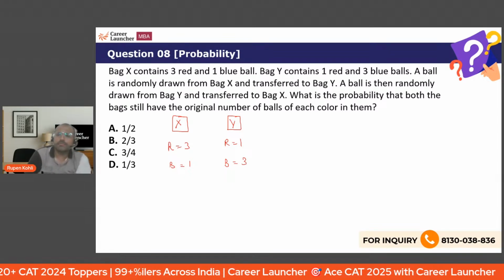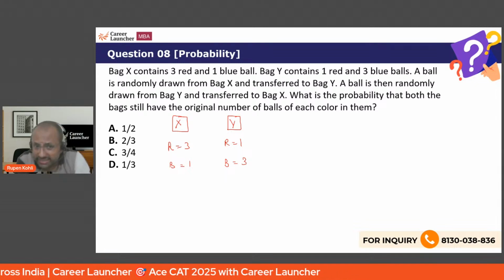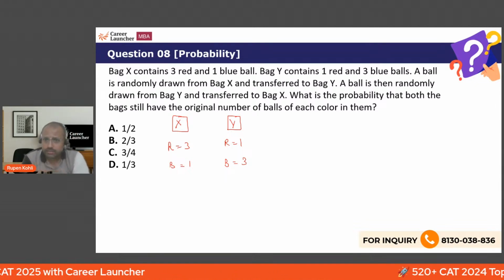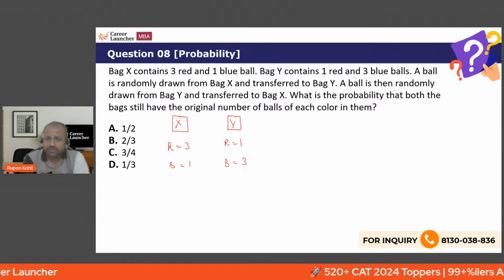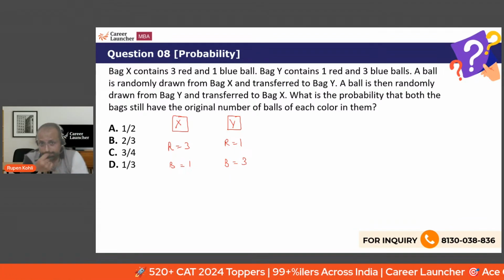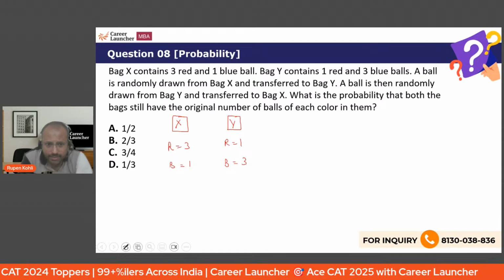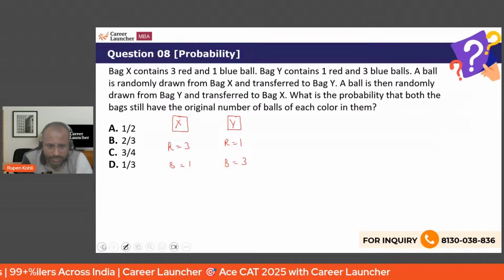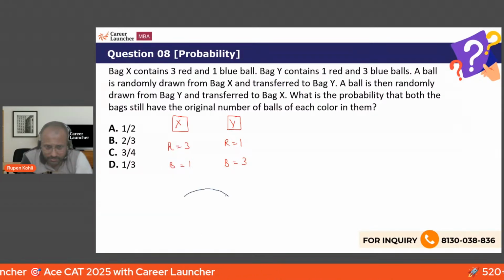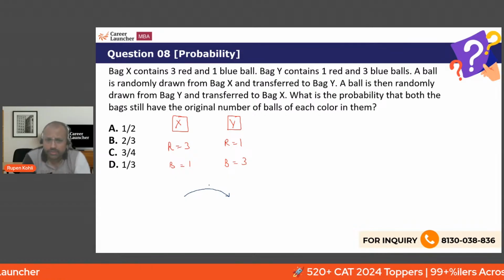When will that happen? Means what balls should be drawn in the two sequential drawings, one after the other, from X to Y and then Y to X, which would make this happen? The same configuration still is there. When you're doing the first drawing of the ball, there are only two things that can happen.